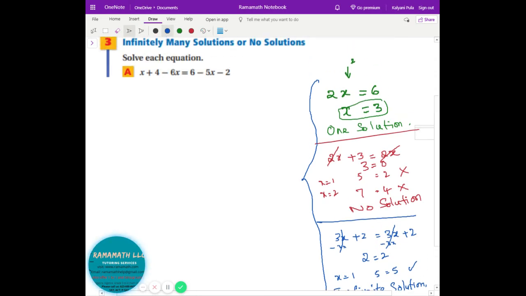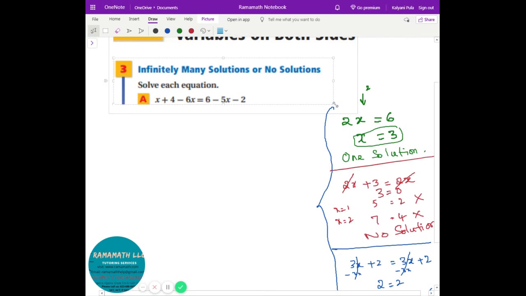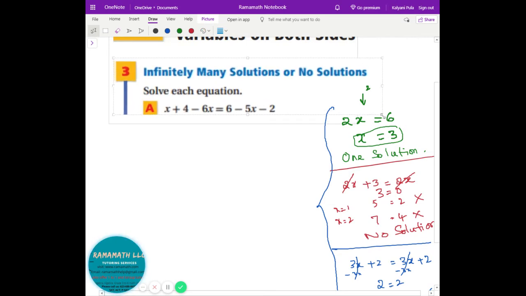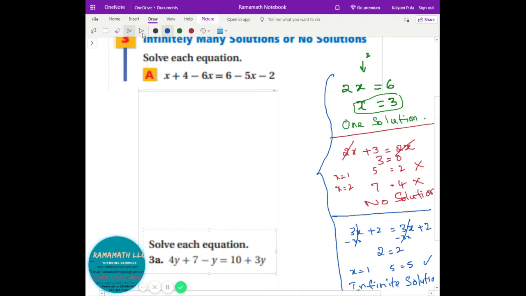Now let's go ahead and try this question, and then we can figure out how many solutions it has. Let's give it a try, and then I can go over it. When you do this question, first I'm looking at the equations on each side. I see some like terms, so I'm going to combine them. This and this are like terms, and in here, this and the -2 are like terms.